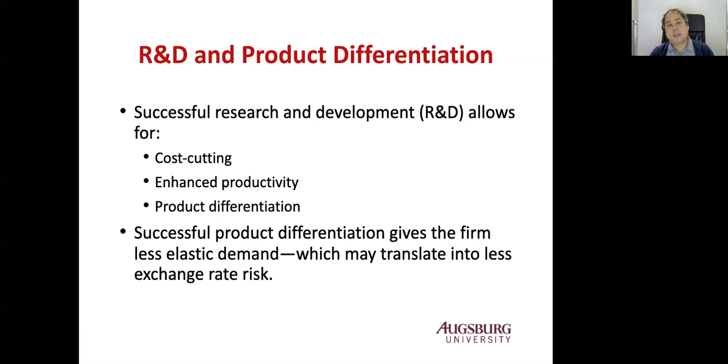Obviously, their strong R&D and product differentiation basically allow Apple to have a better position all the time in the market, so that they can raise the price freely. And even though they raise the price, they don't lose a lot of customers. Okay, so that's R&D and product differentiation.